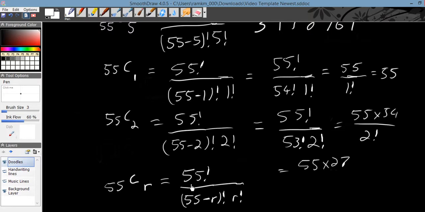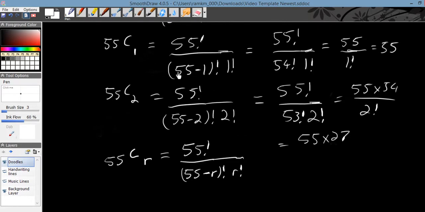And you can see, regardless of the value of r, the numerator is 55 factorial. So we're really trying to maximize this quotient, and we have to ask ourselves what value of r will contribute to that in the denominator.